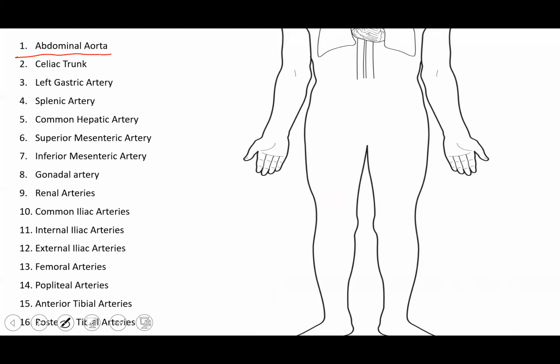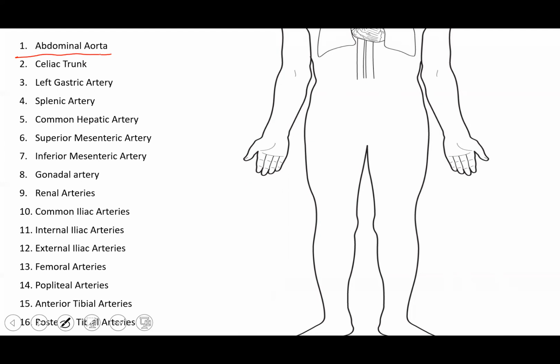This is important because all of the branches off of the aorta that I'm going to draw for you are coming out of the screen towards you, towards these visceral organs. I will do my best to draw that in, but keep in mind that these are not branching out laterally, they are branching out anteriorly.